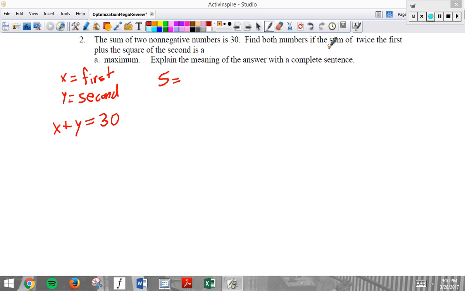We want to maximize the sum: twice the first plus the square of the second. So which is easier to replace in here? X is way easier to replace. So I'm going to solve for X and plug it in over here.